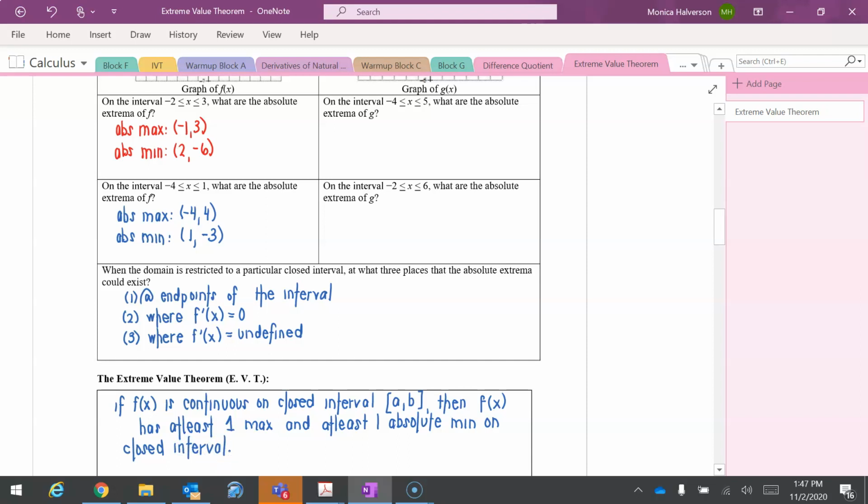And once again, the interval has to be closed in order for this statement to be true.